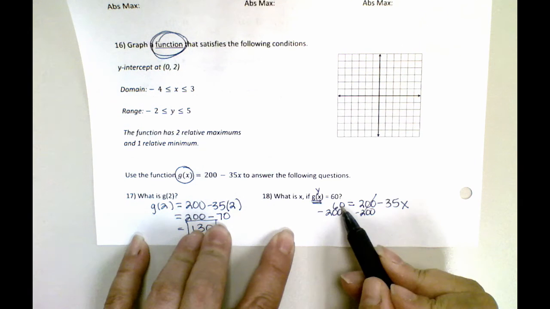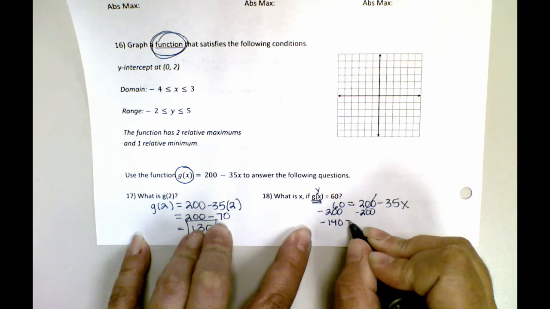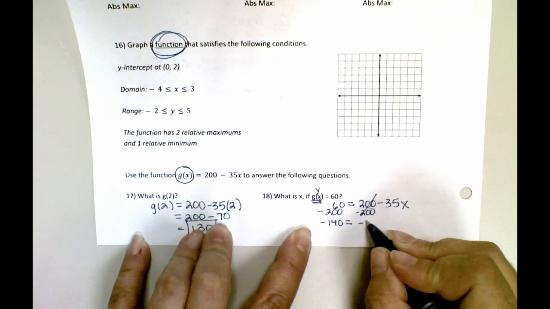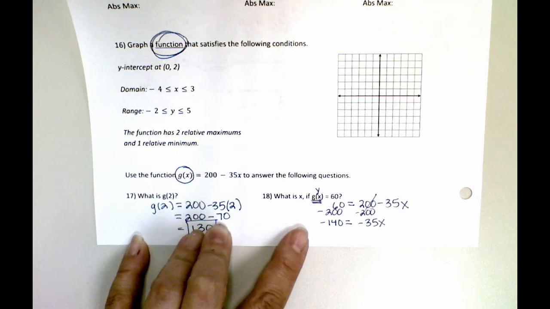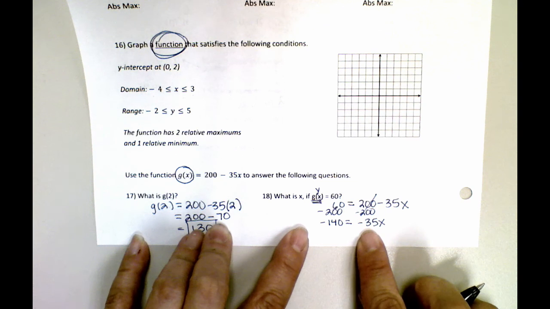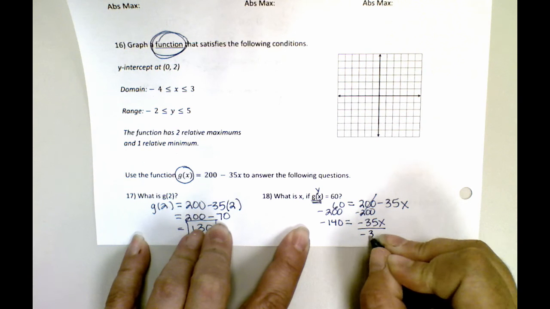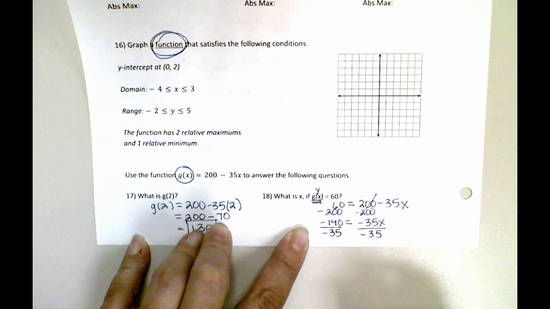So 60 minus 200 is negative 140 equals, make sure you bring down the negative, negative 35x. So x is almost alone. I just now have to get rid of the negative 35. Right now, the negative 35 is multiplied times the x. So I undo multiplication by division.